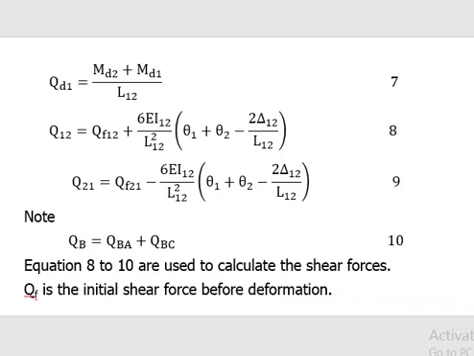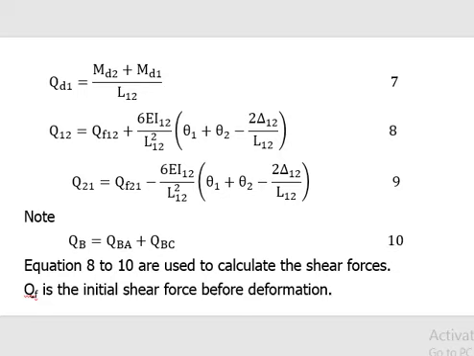Note, for shear force at support B, in this case B is a support that has BC as a neighbor and BA as well. The support B is lying between span BA, or AB, and span BC.